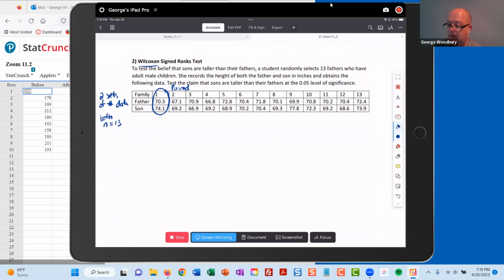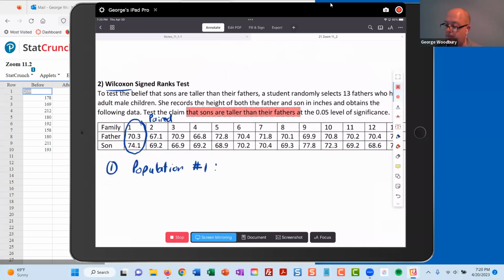So step 1 again, you've got to list population number 1. And this time the claim mentions the 2 groups. If we look at the claim, that's the claim that sons are taller than their fathers.